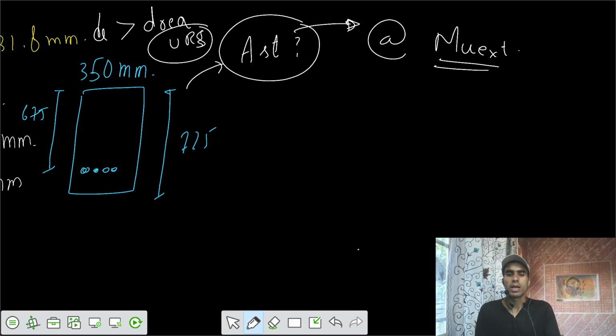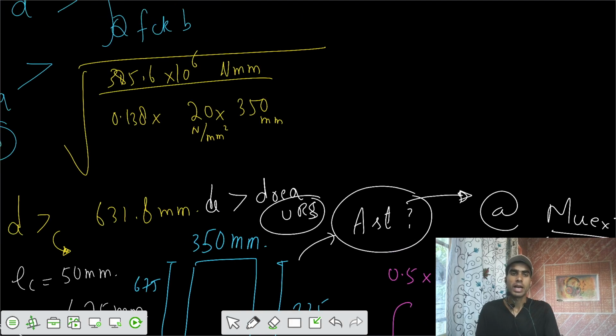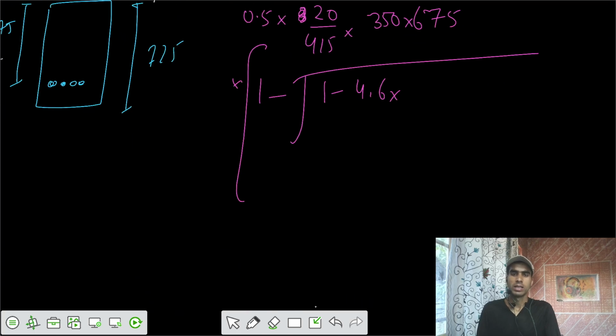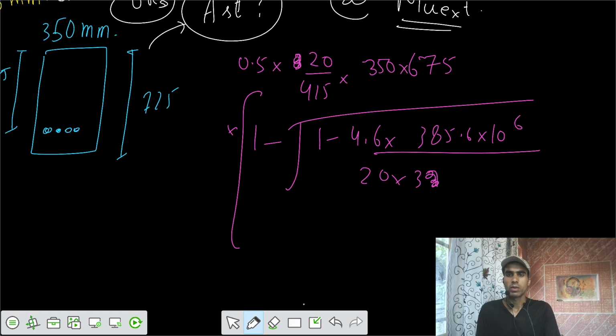Solving for AST for the external moment, that would be equal to 0.5 FCK by Fy into BD into the bracket 1 minus root of 1 minus 4.6 times the external bending moment, that is 385.6 times 10 to the power 6, divided by FCK B d square, where small d is 675.